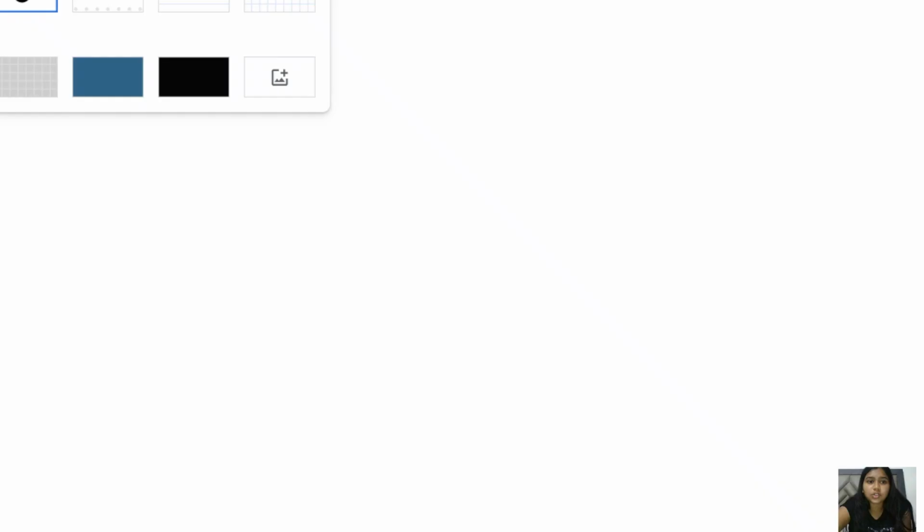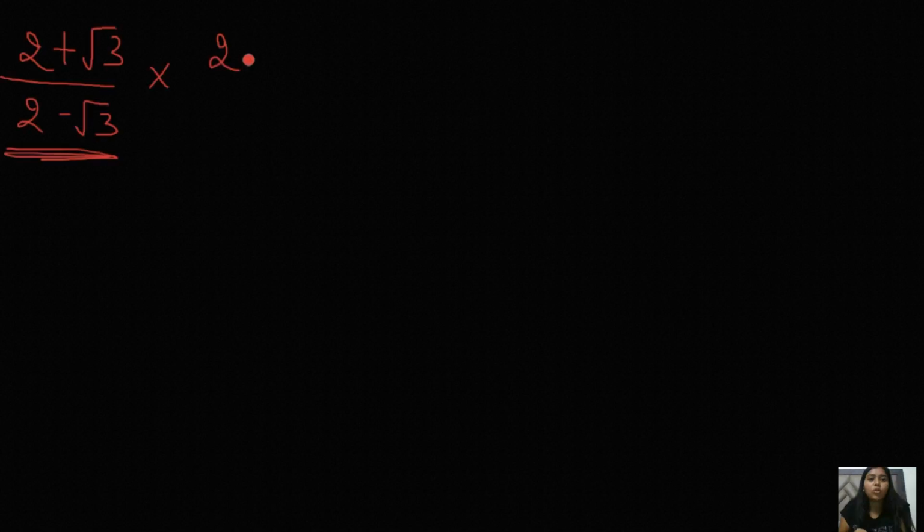For rationalization you can also have examples like 2 plus root 3 divided by 2 minus root 3. In that case, you just have to make the opposite sign only in the denominator, not in the numerator. If the square root is given in both the numerator and denominator, then you just need to change the sign for the denominator and multiply and divide by that particular thing, like this.